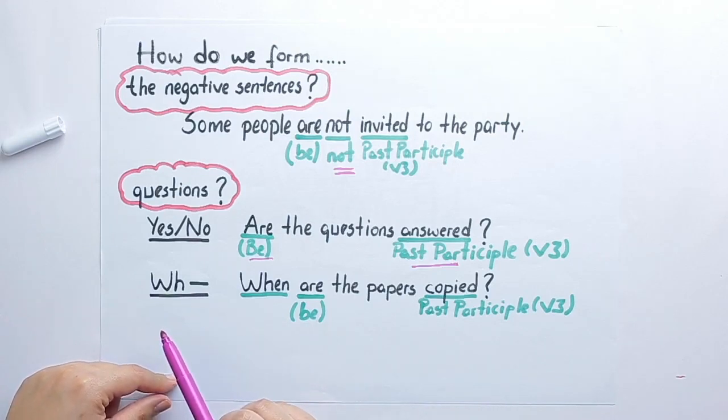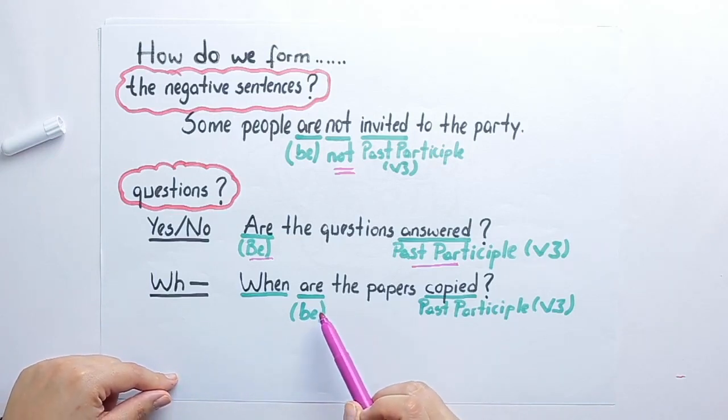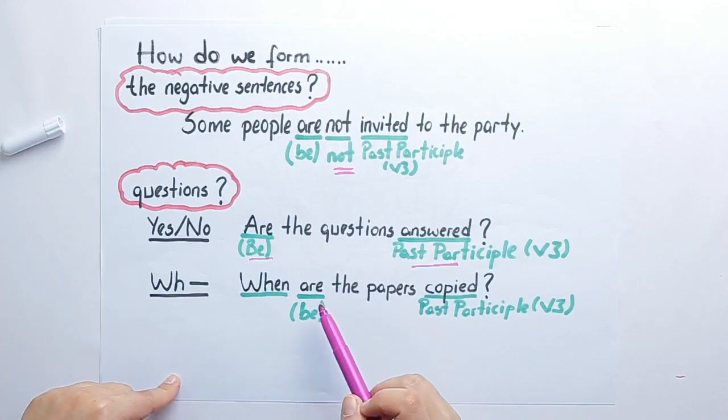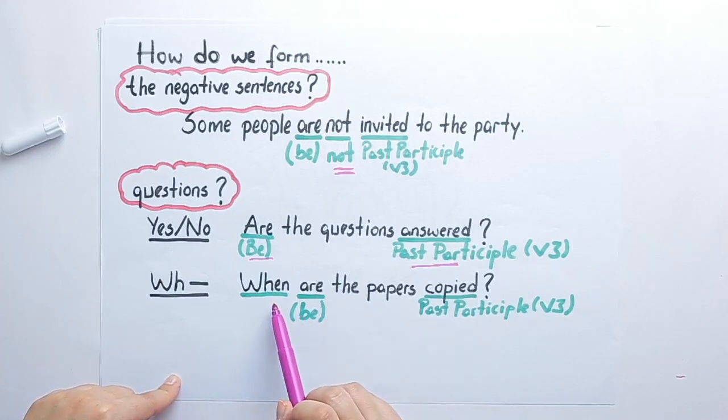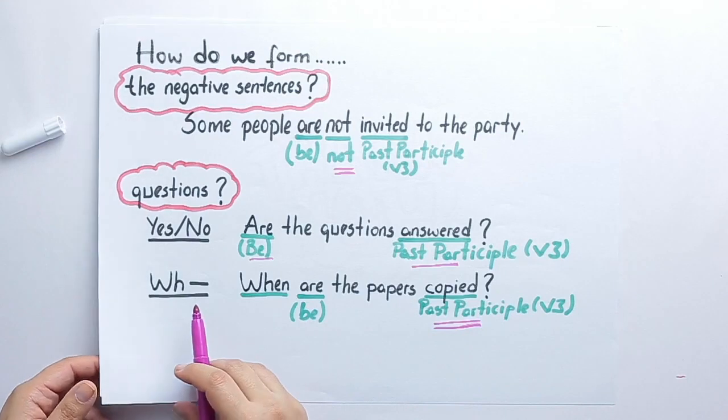In WH questions, we again start with the WH part, and then my verb to be, is and are, comes after the question word. When are the papers copied? Again, verb 3 form.